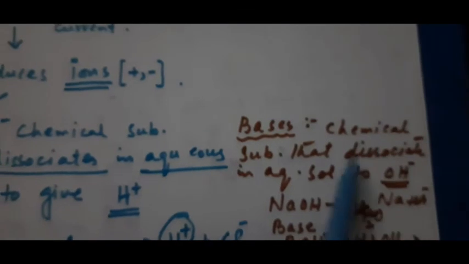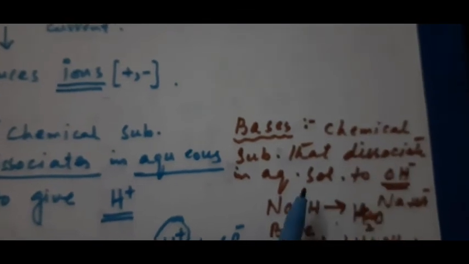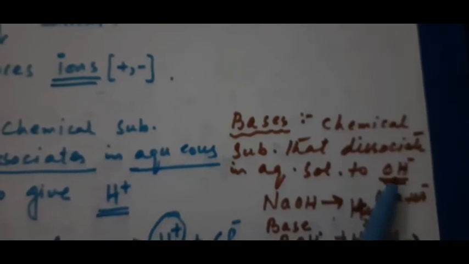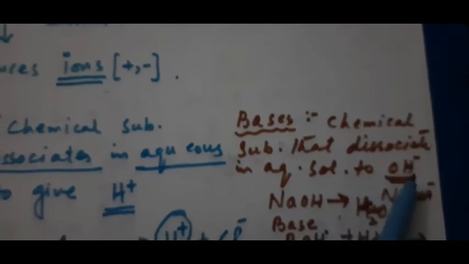On the other hand, he called a chemical substance which dissociates in aqueous solution to give you OH ion, the hydroxide ion, a base. Now look at the examples side by side.